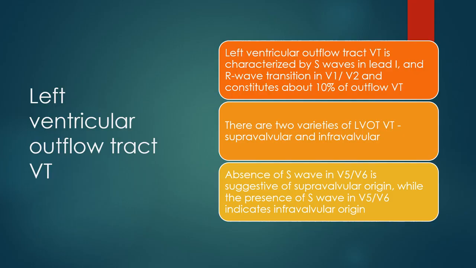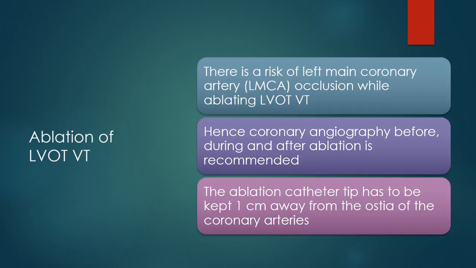Absence of S wave in V5, V6 is suggestive of supravalvular origin, while the presence of S wave in V5, V6 indicates infravalvular origin. There is a risk of left main coronary artery occlusion while ablating LVOT-VT. Hence, coronary angiography before, during and after ablation is recommended. The ablation catheter tip has to be kept 1 cm away from the ostia of the coronary arteries.